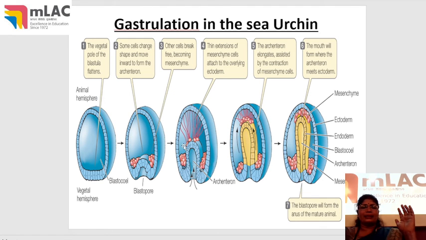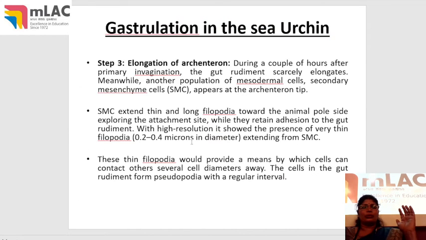Here you can see the filopodia. It is very small and thin, around 0.2 to 0.4 micron in diameter, and it extends from the SMCs, the secondary mesenchyma cells.